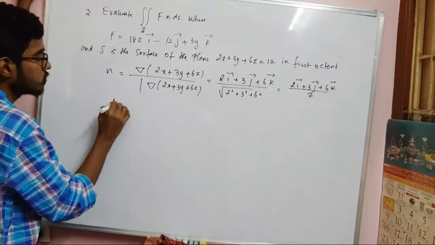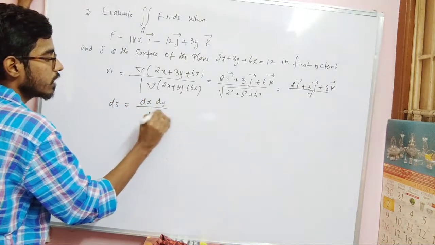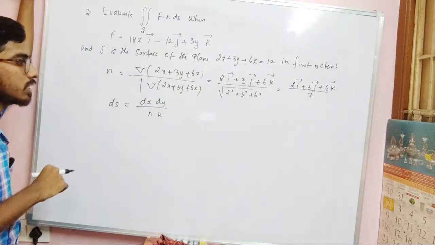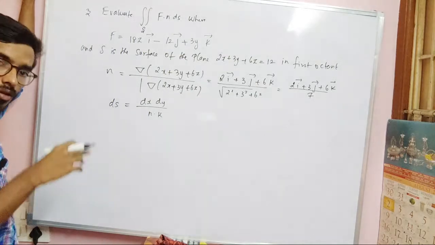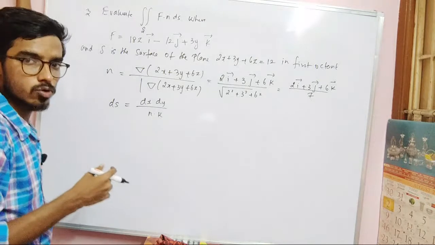Now we will choose dS to be equal to dx dy by n dot k, because we don't have a z bound. You can also choose the other projection, but that will take more time to integrate.